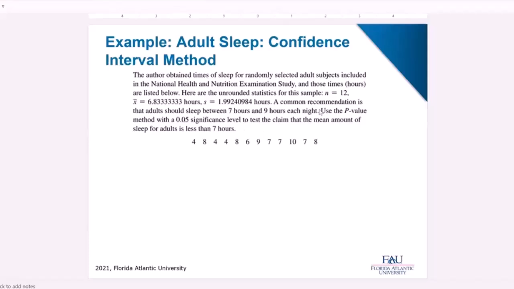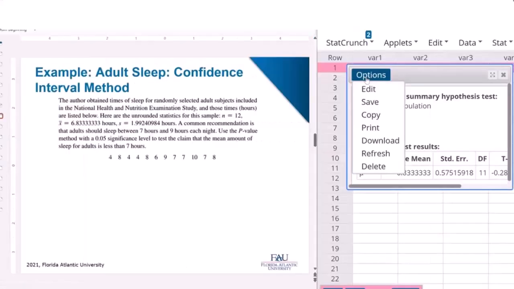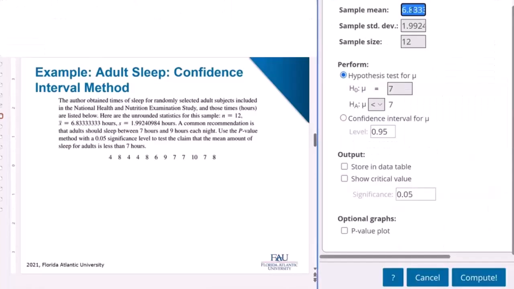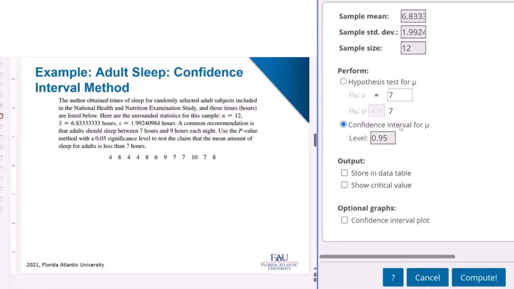Now, we can do the exact same test, but now this is with a confidence interval method. Our StatCrunch options. We have all the data here, but now we have a confidence interval. And the difference between a confidence interval and what we just had was the confidence interval is between two things.